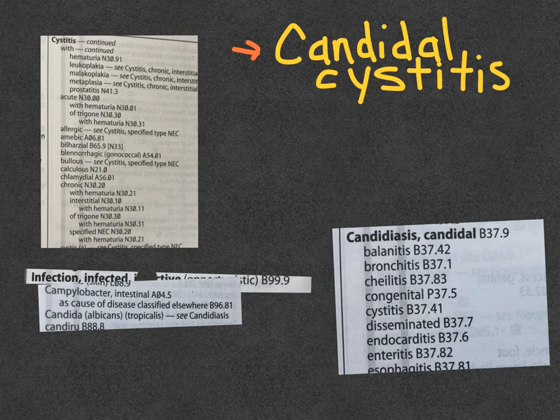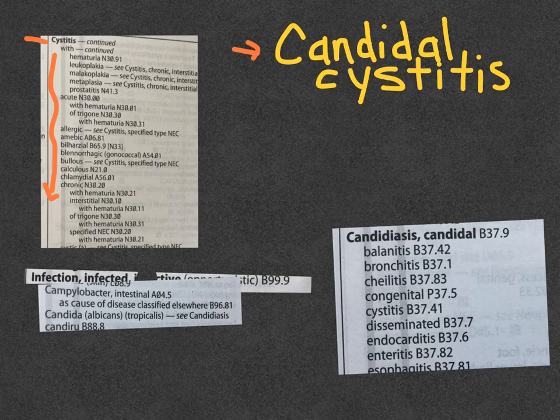When we go to the main term of cystitis in the alphabetic index, which is just an infection or inflammation in the bladder, if we scroll down through here, we find that there is no subterm for candidal. So when we scroll down through, we can't find the appropriate organism subterm.